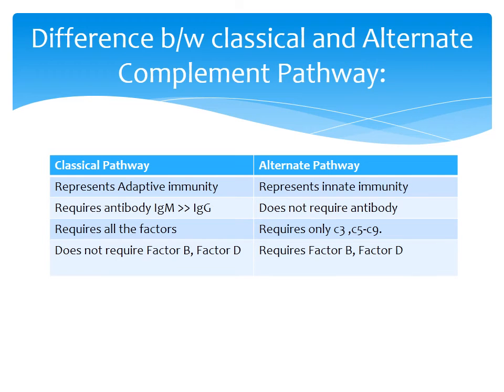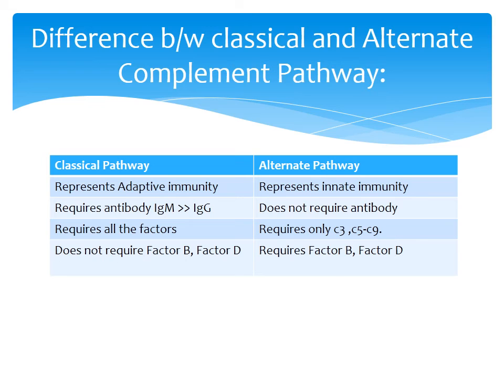Now this is a common question which you will face in viva, that what are the differences between the classical and alternative pathway. The classical pathway represents the adaptive immunity, whereas the alternative pathway represents the innate immunity. It requires an antibody, more specifically IgM, that is, an antigen-antibody complex is required to activate this factor.